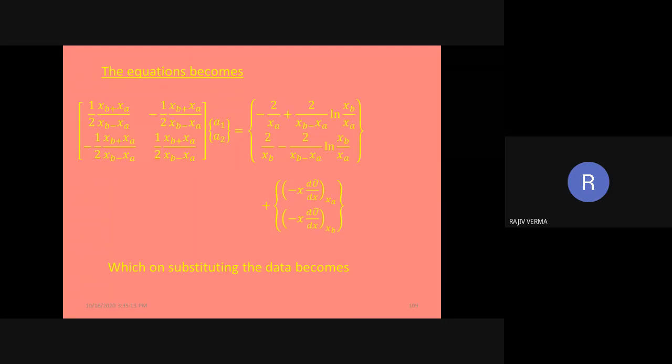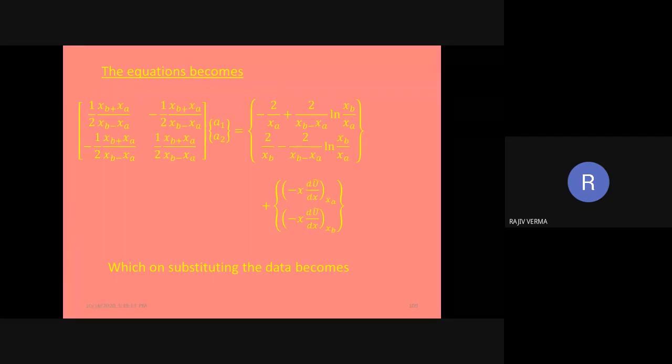And as a next step, we are going to substitute the value of XA, that is 1, XB, that is 2, and we are also going to substitute the flux boundary condition, which is appearing in the second term on the right. The second term on the right contains flux to be evaluated at point XA in the first equation, and at a point B in the second equation.